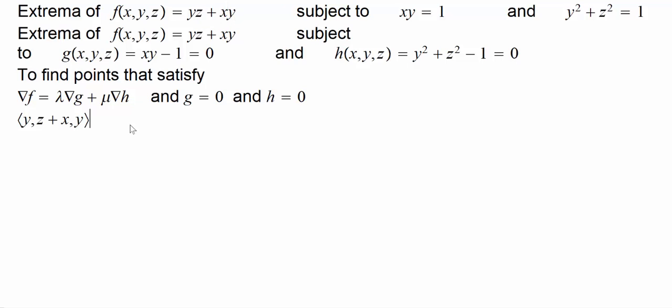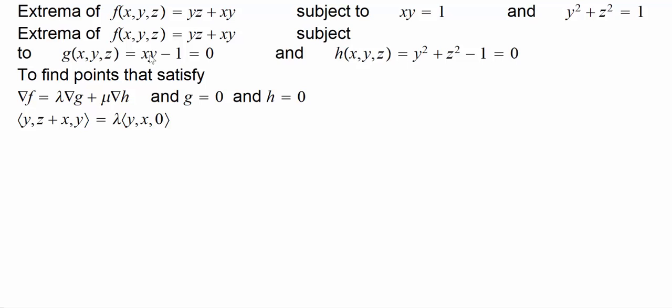And then we have lambda times the gradient of g. What is the gradient of g here? The gradient of g is going to be simply y, and then we have an x, and then a 0.